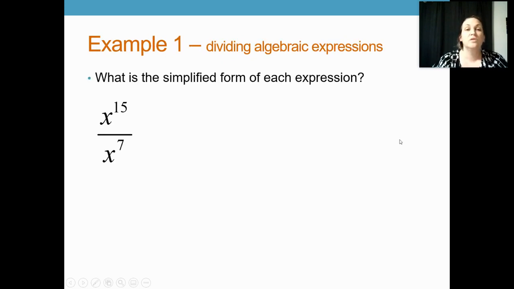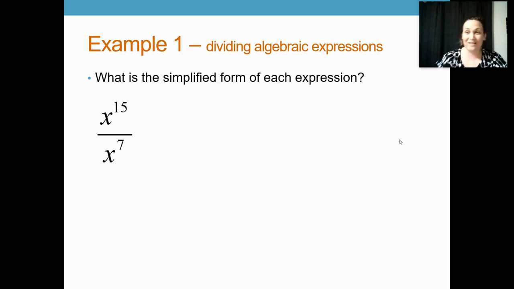Okay. So here I have another division problem. And if you're going to write down the directions, you can just write them down this one time, and then you don't need to write the directions anymore because the directions are always the same. So this one wants to know, what is the simplified form of this expression? And it's x to the 15th divided by x to the 7th. Now, don't forget, we're not actually dividing.